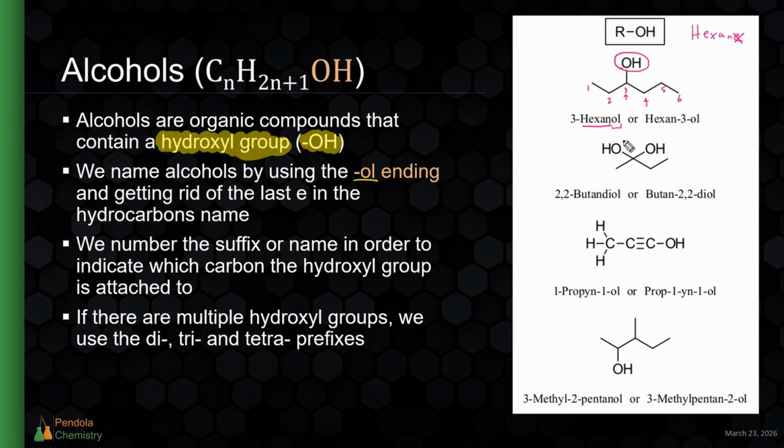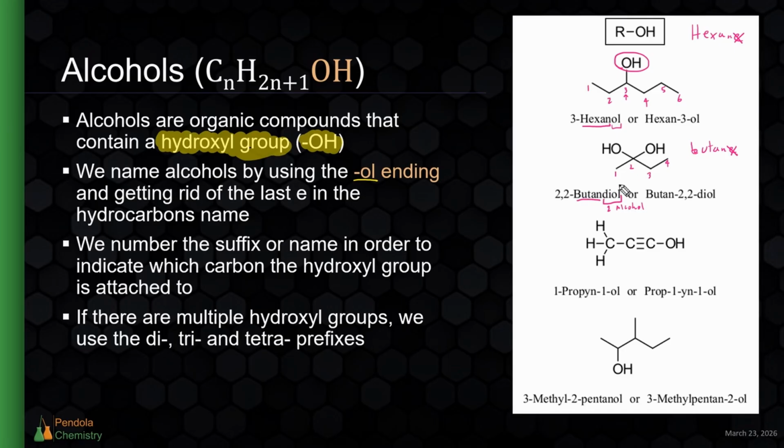If we have 2 OHs on the same carbon, so this will be carbon 1, 2, 3, 4, this will be a derivative of butane, butane being a 4-carbon alkane. We will get rid of the E, so we get butan. And because there are 2 hydroxyl groups, 2 OHs, it will be diol. The di telling us it's 2, the ol telling us it's an alcohol.